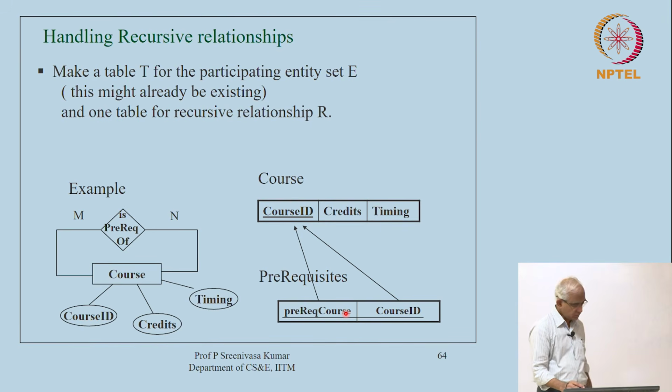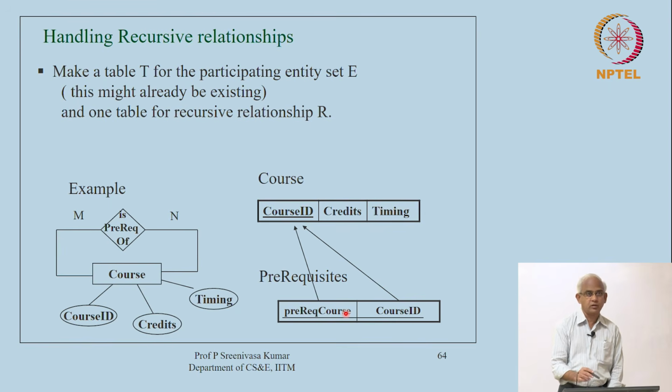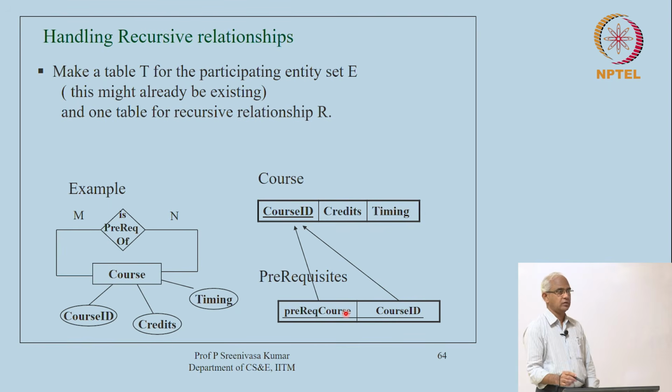So, this is how all the major constructs in the relational model can be mapped. All the major elements of the ER model can be handled, and then we can capture the information in the relational model.